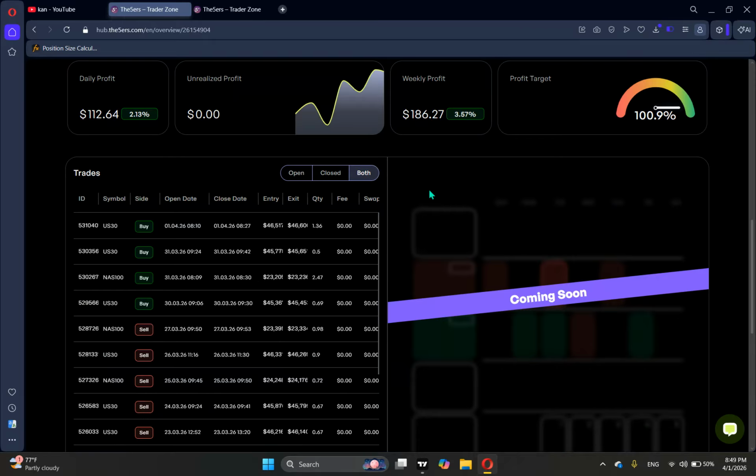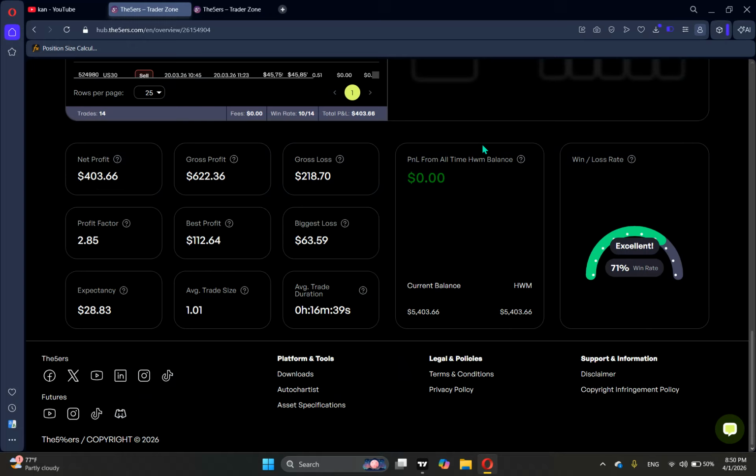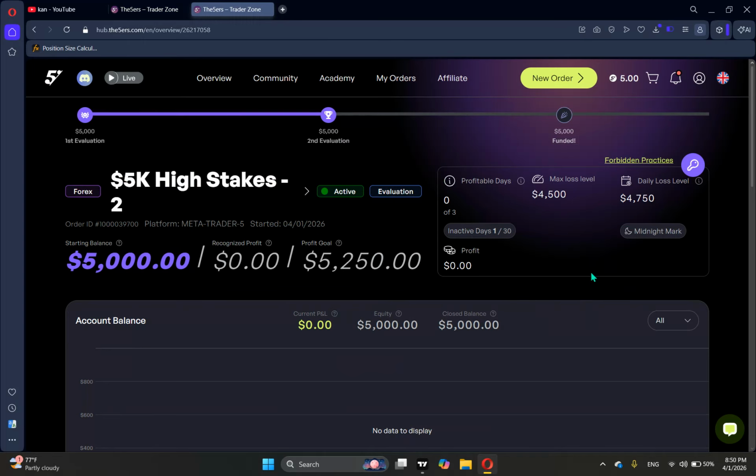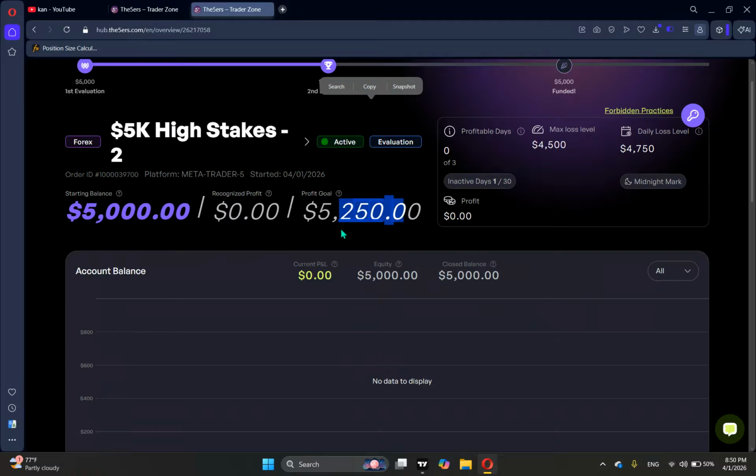Yeah, so these were the stats. Still not a funded live account yet, but I only need to make 5% more, I believe. Then I will be funded for the first time ever. I have never yet even passed phase 1 of a funded account.